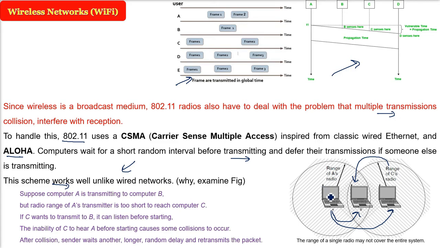They don't know about each other. If C starts transmitting while A has already started, there will be a collision. What is the solution? The sender will wait for a random time and retransmit the packet.